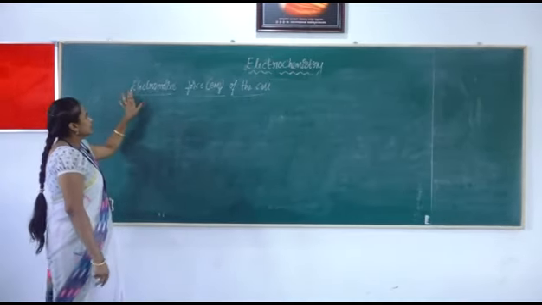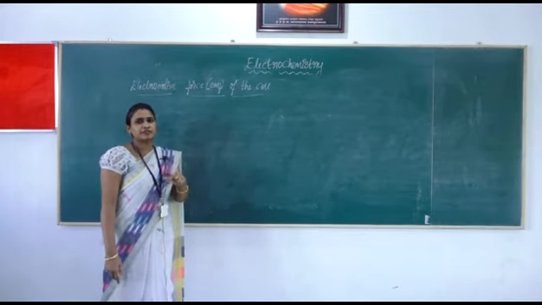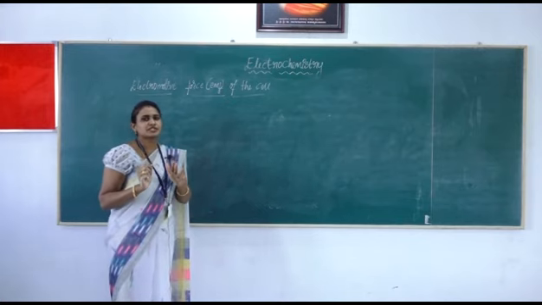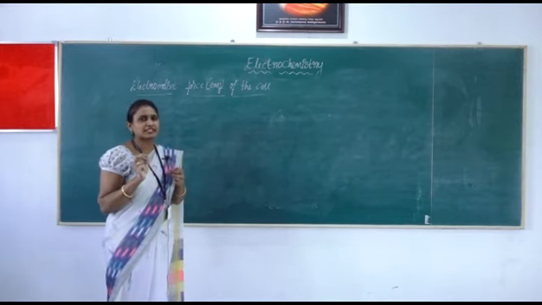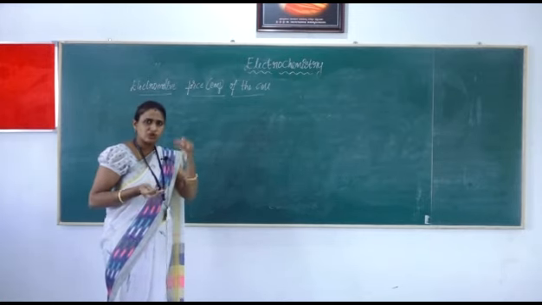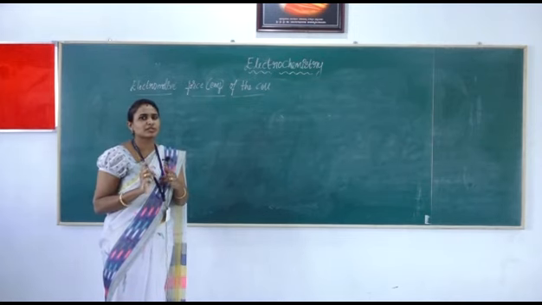Now, let us see electromotive force. It is denoted with the symbol EMF of a cell. EMF of a cell exhibits only the potential difference between the two electrodes. It indicates that if current flows from one electrode to another, the potential difference between the two electrodes is not the same.